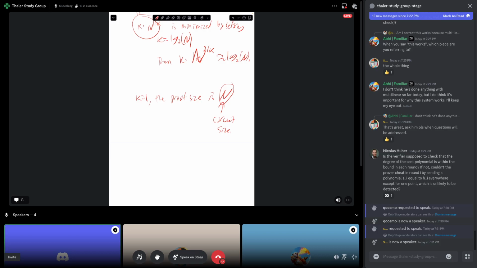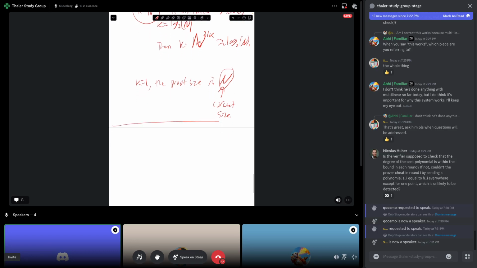Yeah, it's a good question, and it's a little bit tough to answer. In general, if you use k-variate polynomials, the verifier costs are like k times n to the 1 over k, where n is like circuit size, or the number of terms in the sum you're applying SumCheck to, right?